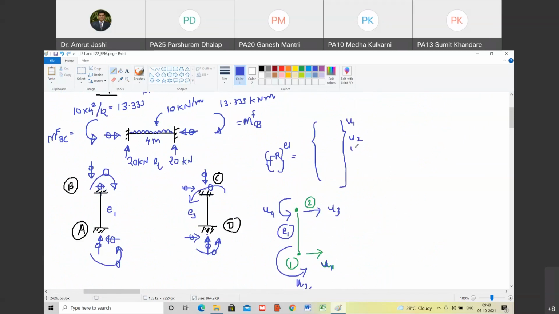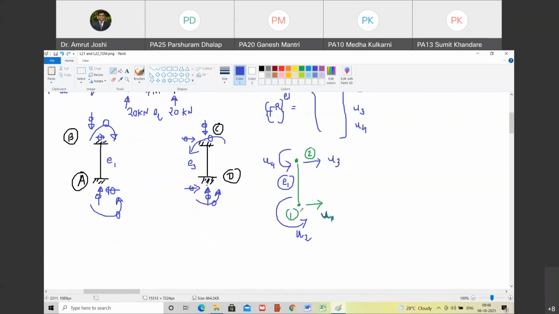So what are the degrees of freedom here? U1, U2, U3, U4. So U1 is a translation. Where is it? It is at 1, that is the first node of the first element, at A. Are you with me? Yes, sir. Corresponding to translation, which is the reaction that I should be looking for? Force or moment? Force. This translation is in which direction?